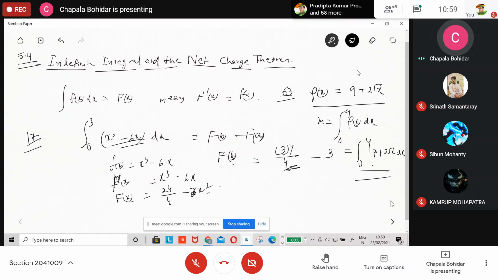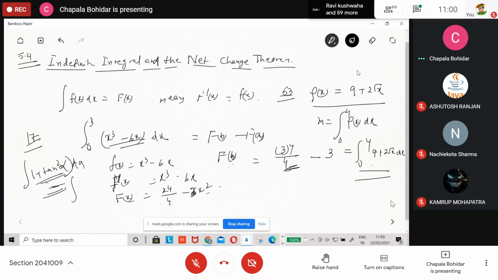You can do it very easily: the integral of 1 plus tan square alpha d alpha. What is the value? Do it yourself, this one.